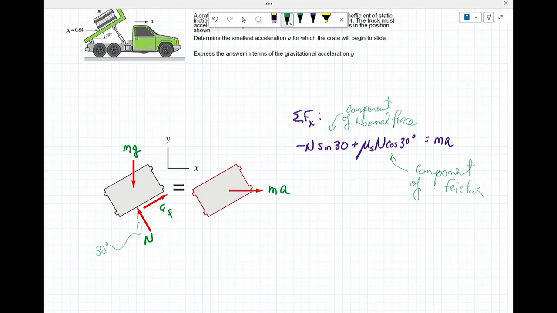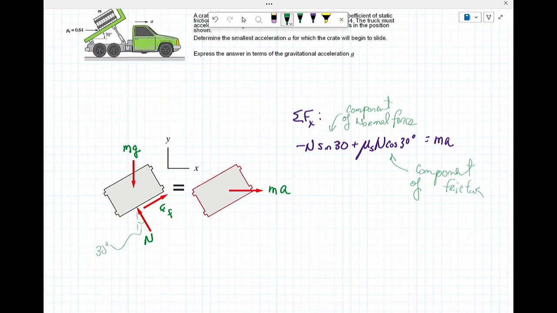And I have the force of friction, whose component is going to act in the positive x direction. And that entire system will move with an acceleration of the truck and the box simultaneously. All right, so I got that.